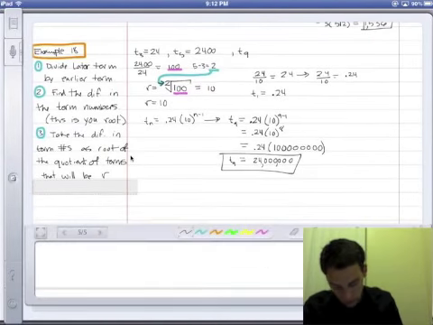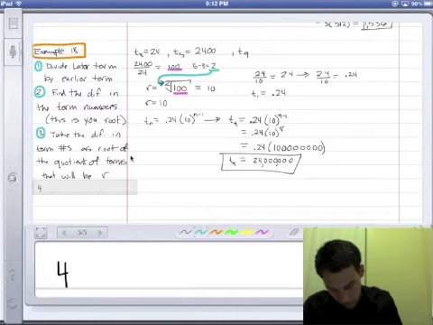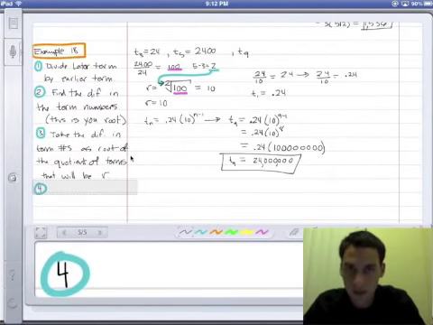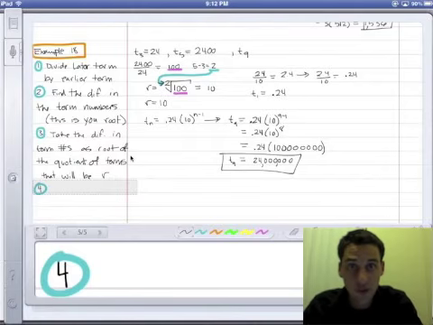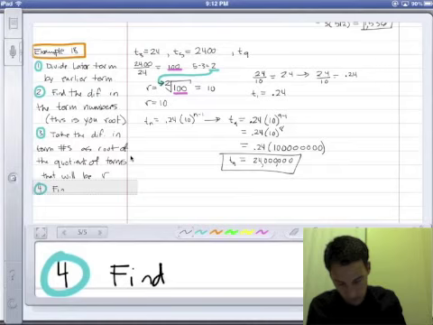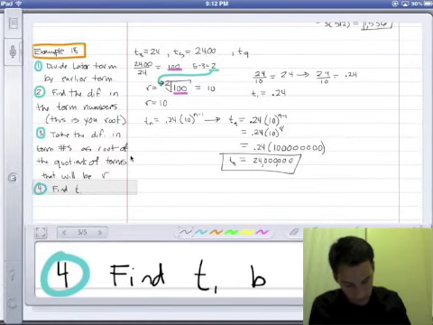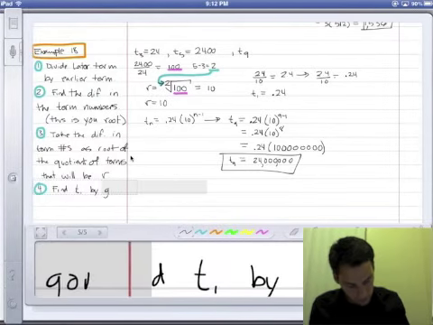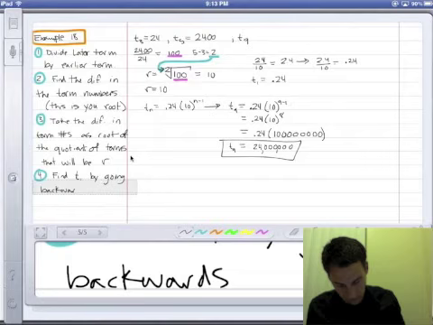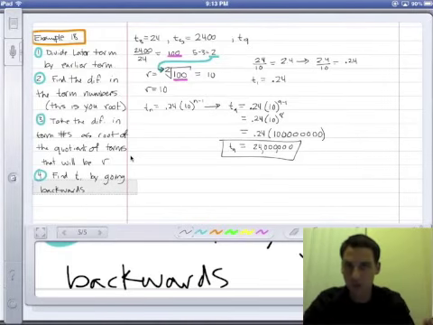Whew! Step 4 is find the first term by going backwards using division. So you're going backwards using division with R.